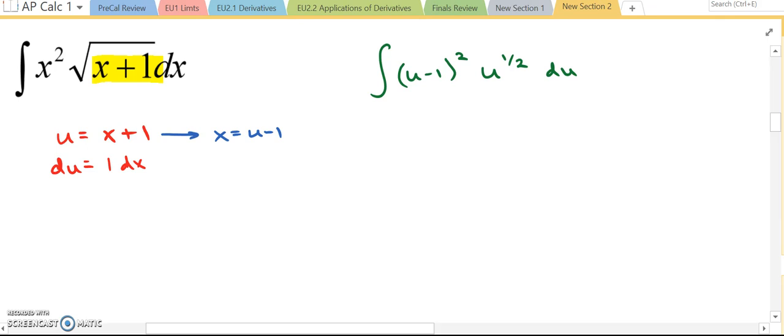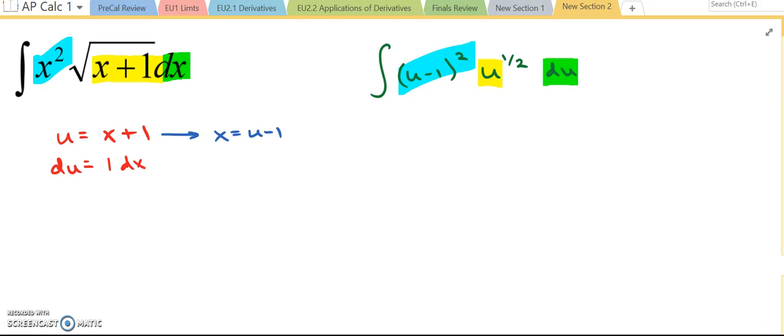Got the yellow part. I've got the blue part. And I've got the green part as we defined directly below it. So how can we keep on going? Well, since you only have a second power, that's a pretty easy thing for you to do multiplication-wise.